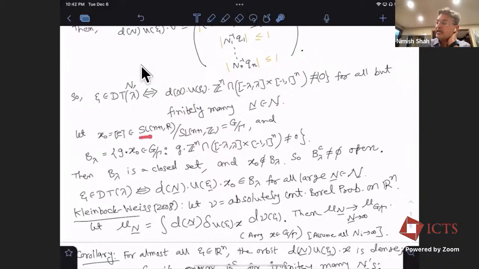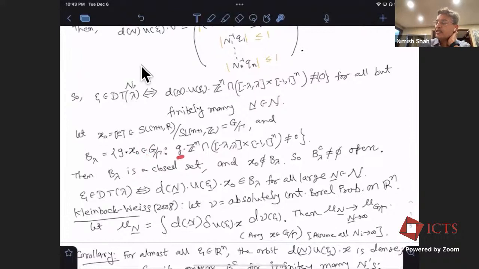You look at SL_{n+1}(R) modulo SL_{n+1}(Z). I call it G mod gamma. This is G and this is gamma. And you take the identity coset x_0. And you look at B_lambda to be the subset of G mod gamma of the form g applied to x_0, where g is in G.